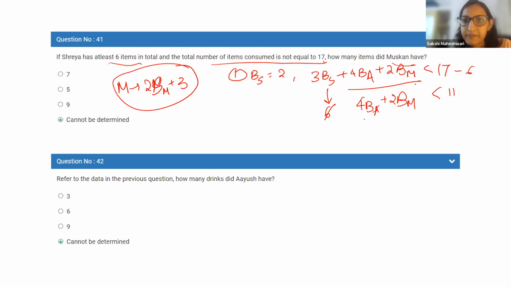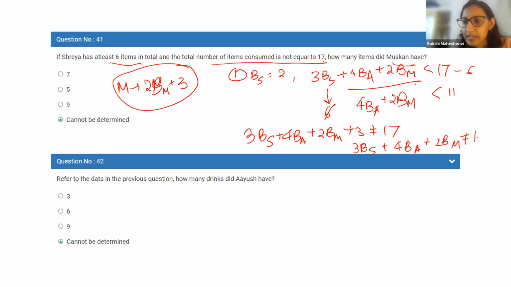So when we talk about 3 BS, the total number of items was 3 BS plus 4 BA plus 2 BM plus 3, which is not equal to 17. That means 3 BS plus 4 BA plus 2 BM is not equal to 14.